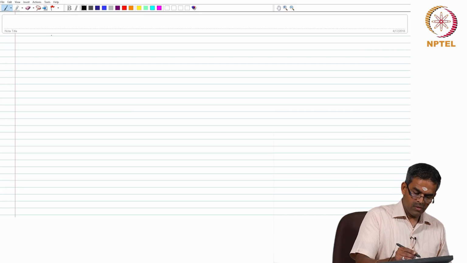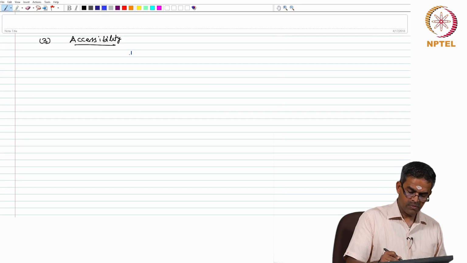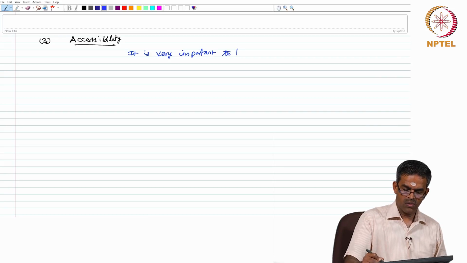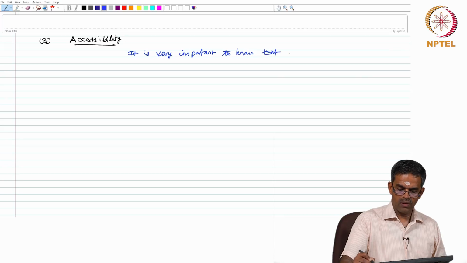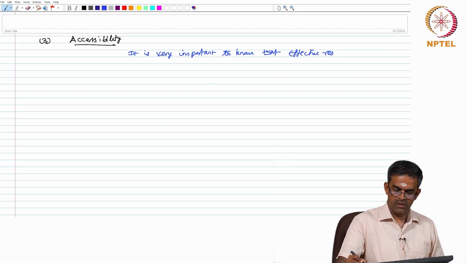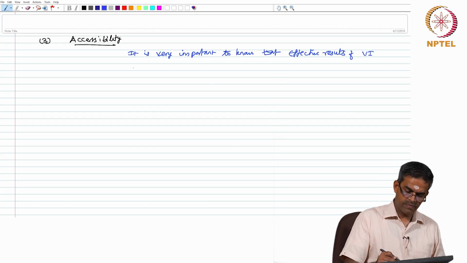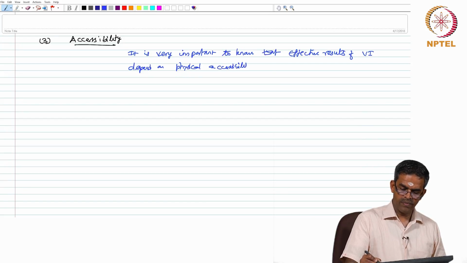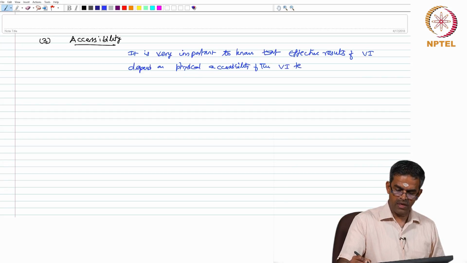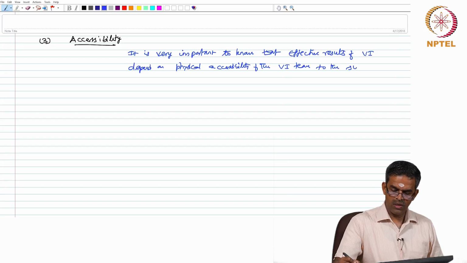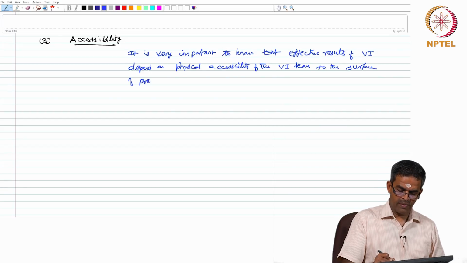The third could be the accessibility. It is very important to know that effective results of visual inspection depend on the physical accessibility of the visual inspection team to the surface of prospective damage.